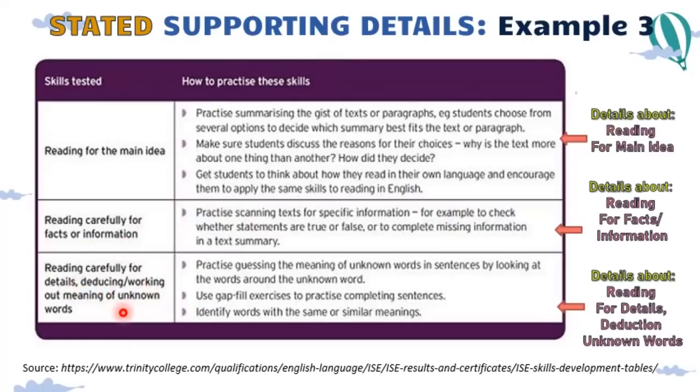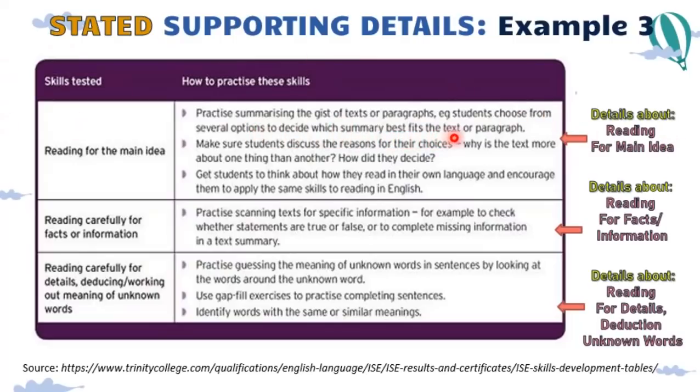For every main skill mentioned in this table, they are described by the supporting details. For example, reading for the main idea, what you can do to practice it: practice summarizing the gist of text or paragraphs. For example, students choose from several options to decide which summary best fits the text or paragraph.